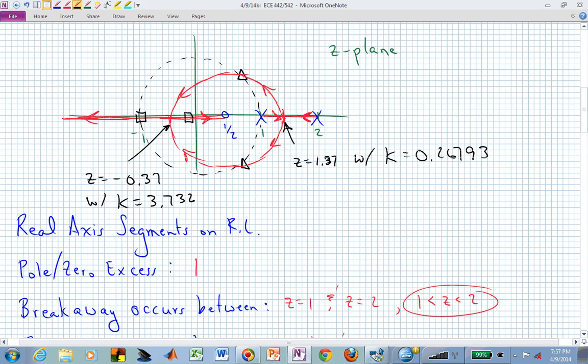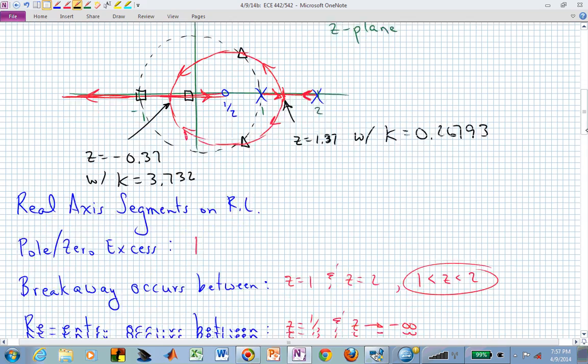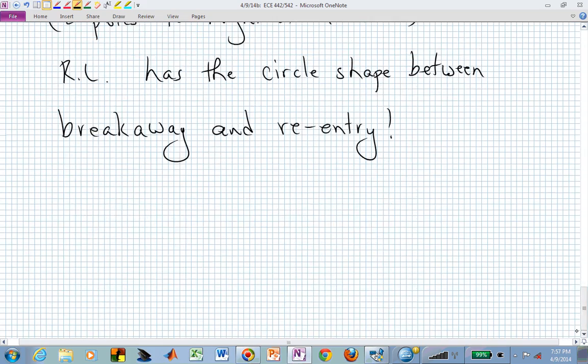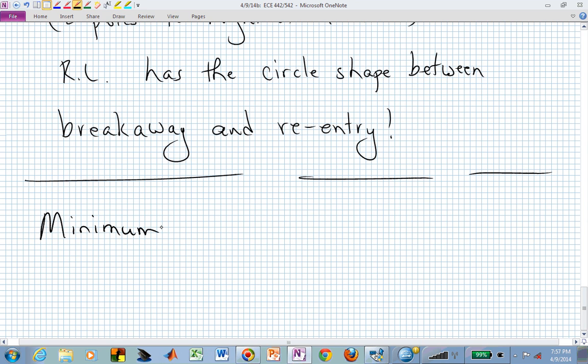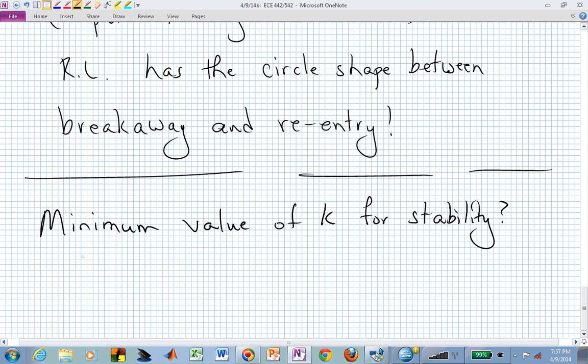So let's see if we can find that minimum value of gain K to get us into the unit circle, which is indicated by those triangular shapes. Our minimum value of K for stability is what we're looking for, and we want to see if we can find that analytically.